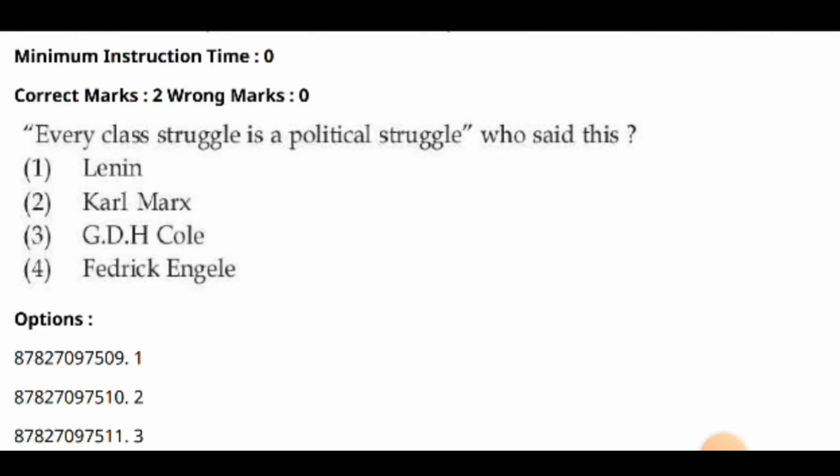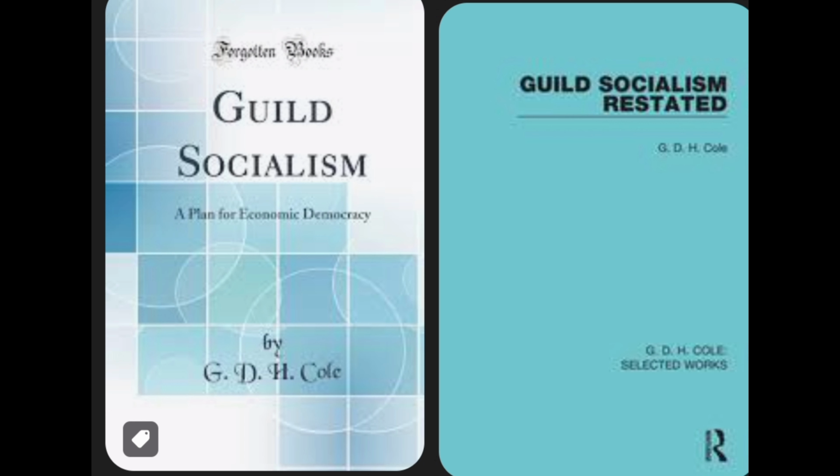Guild Socialism is Cole's book, and Frederick Engels' book is The Condition of the Working Class in England in 1844. Cole's other books are The Common People, The World of Labour, The Discussion of Present and Future of Trade Unions, and Guild Socialism Restated.